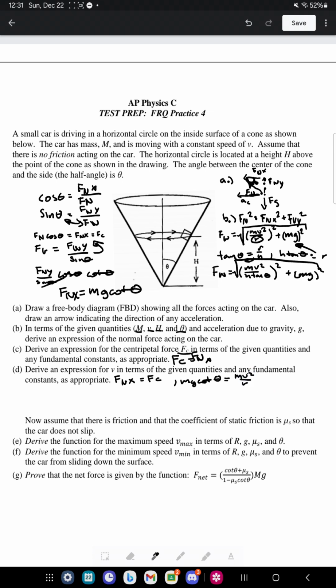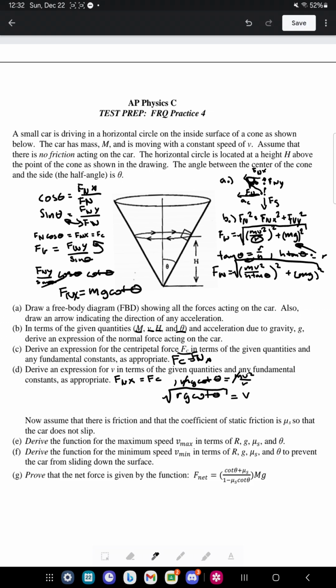And we want to solve for v, so we multiply the r over. The m's cancel out. rg cotangent theta equals v squared. We can take the square root of both sides to get the square root of rg cotangent theta equals the velocity.